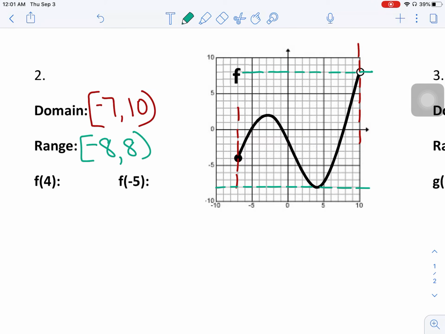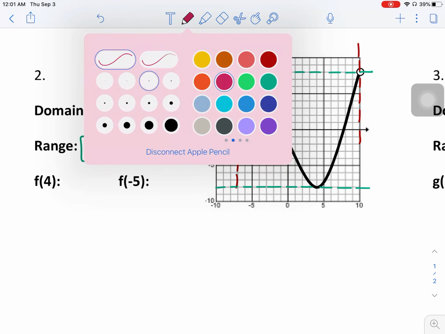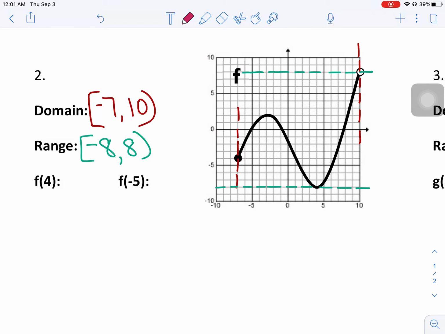Okay, so that's domain and range, but now I want to look at this function notation. The function notation here is f of 4. What this is asking you, and it looks really weird, but basically the f is in reference to the f here that's saying that this is the f of x function.